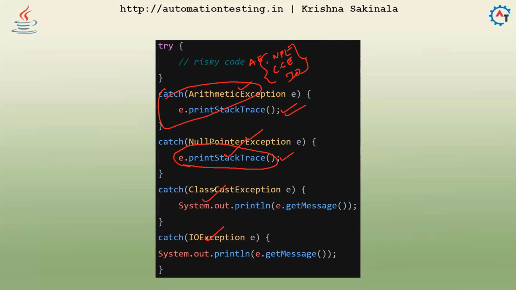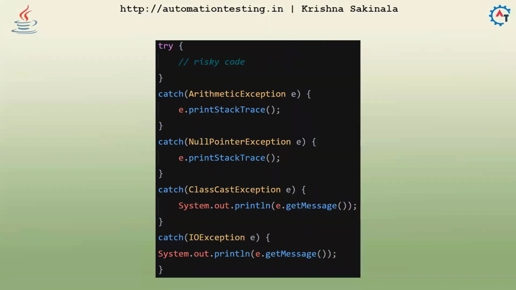Here, for the class cast exception and IO exception, we are just printing e.getMessage. So in both the exceptions, we are just printing the message. But the implementation is the same code here, and here also the same code. Even then, we need to write multiple catch blocks. So that is until Java 1.6.